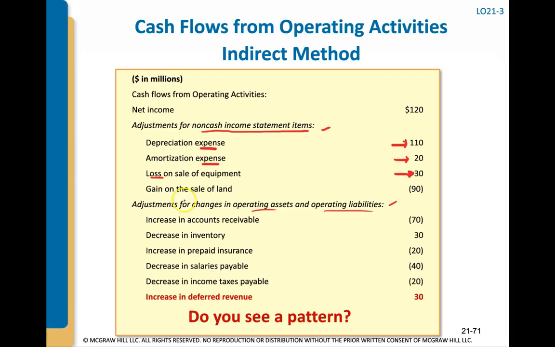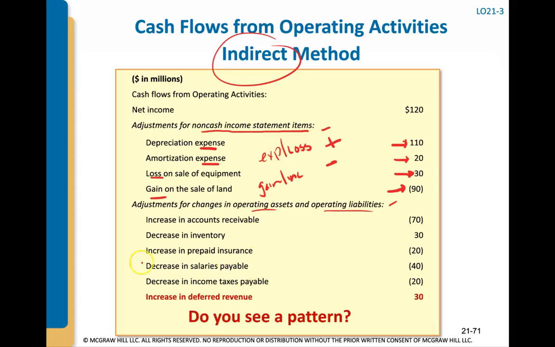And anytime I had a gain, which is income on my income statement, I had the opposite effect. I deducted it. So if you have a non-cash expense or loss, you're going to add it back on your statement of cash flows. If you have a non-cash gain or income, you're going to subtract it on your statement of cash flows using the indirect method, okay?